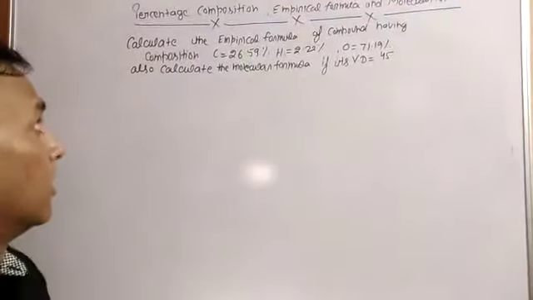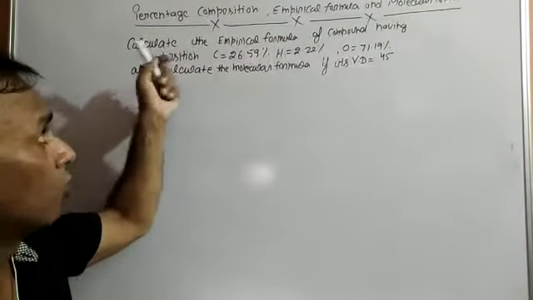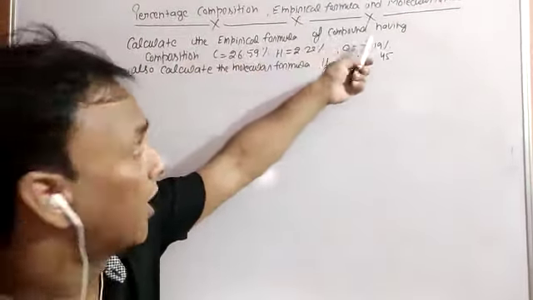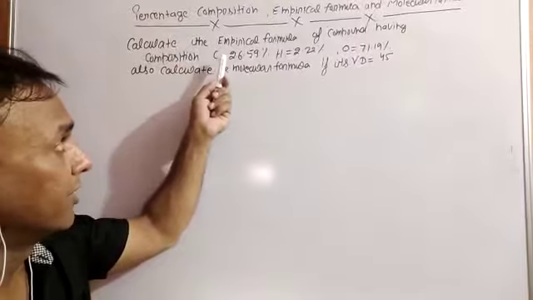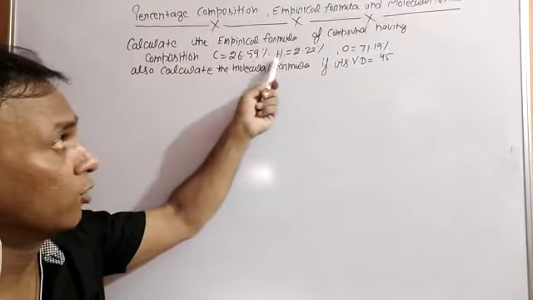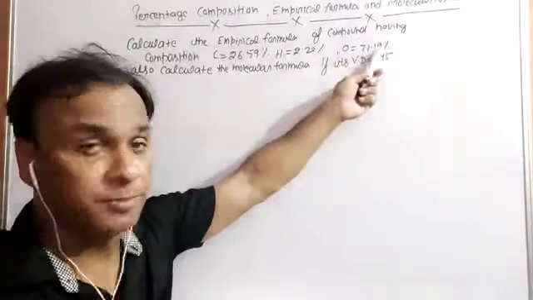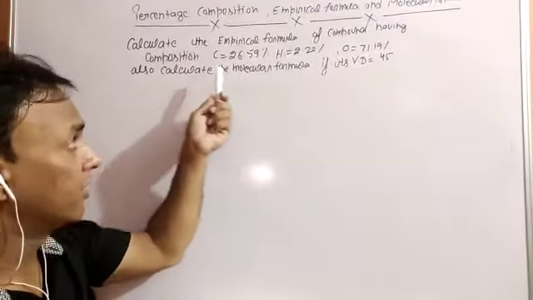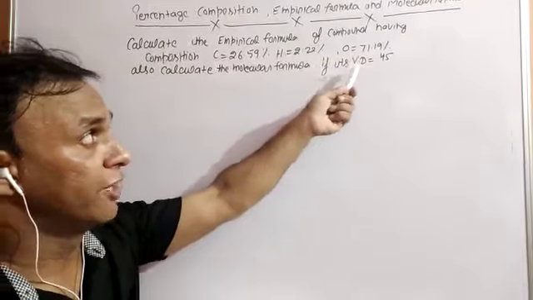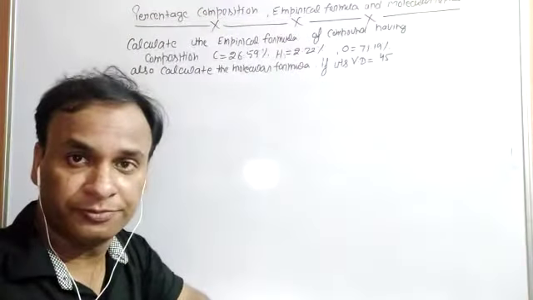Clear? Listen, the question is: calculate the empirical formula of a compound having composition carbon 26.59%, hydrogen 2.22%, oxygen 71.19%, and also calculate its molecular formula if its vapor density is 45. Clear?